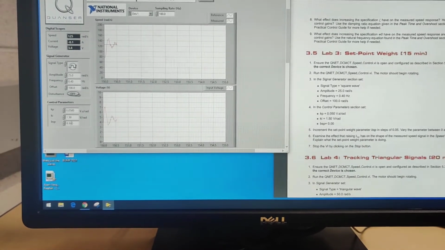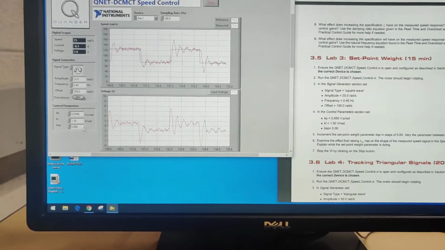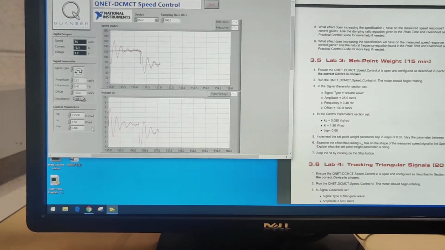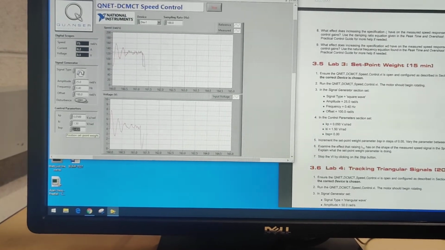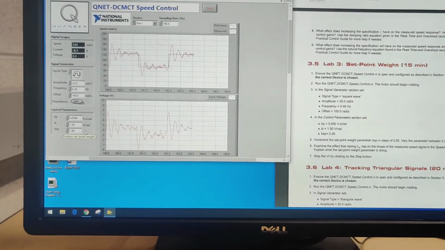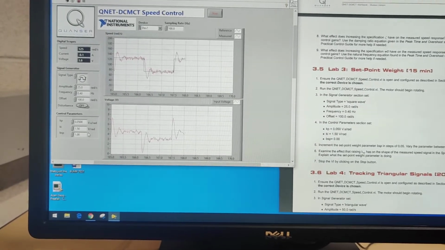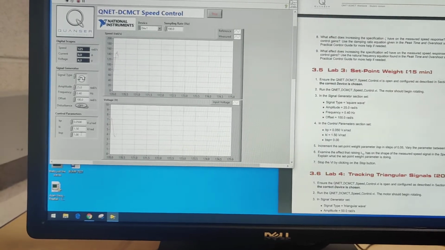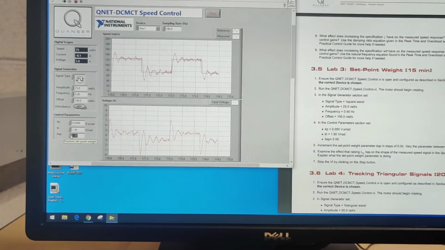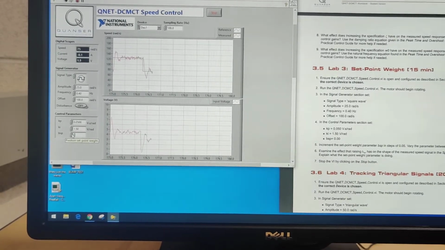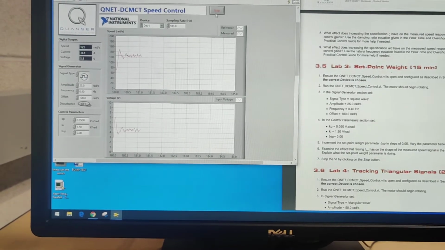Okay, so now it's 0.5, and let me change it to 0.8. What will happen now? Okay, now I'm changing it to 1. Okay, you should have seen enough cycles, and let me go back to 0.